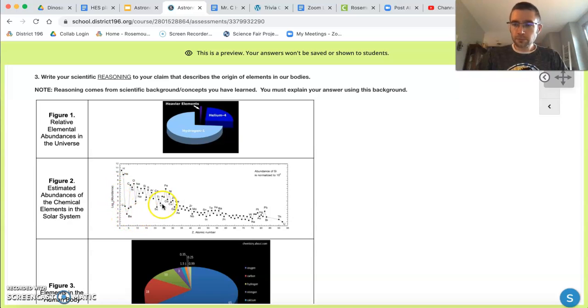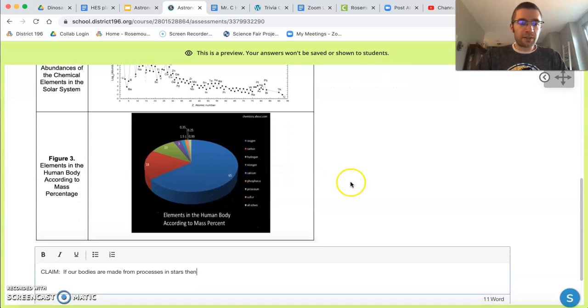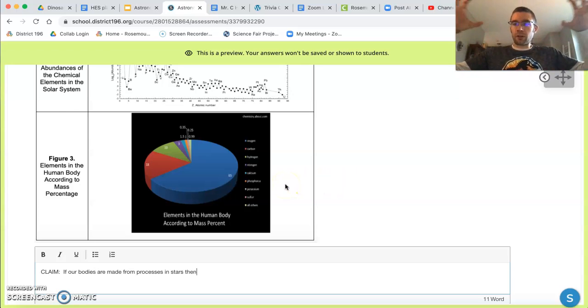So that's your data. You've got numbers there. You can go over to the y-axis and estimate how much abundance of those things. And then figure number 3, it says elements in the human body according to mass percentage. So really big universe, down to the solar system, down to an individual person. This one is color-coded. You've got numbers in here, percentages.